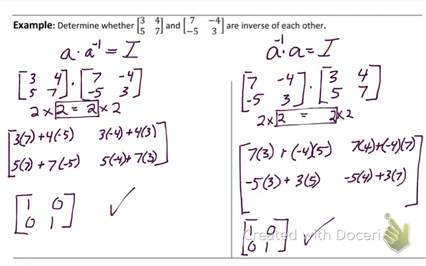So to find the inverse, you would switch these two and then make the other two negative? So the inverse of 3, 4, 5, and 7, you'd switch the 3 and 7, and then you'd make the 5 and 4 negative, and that's true for everything.